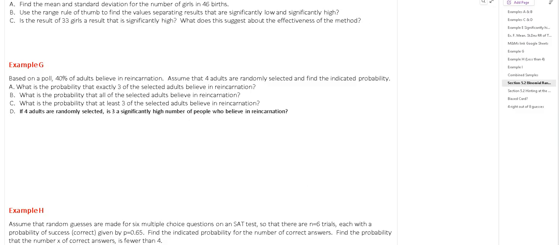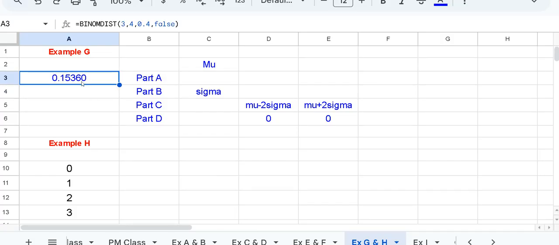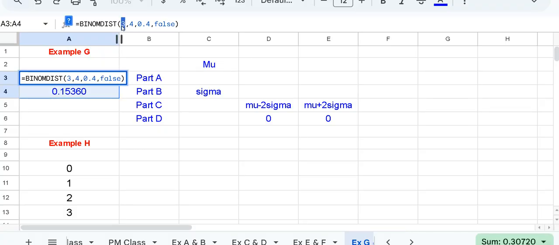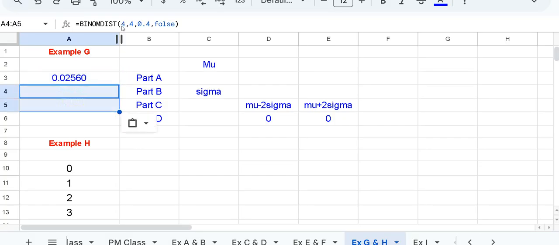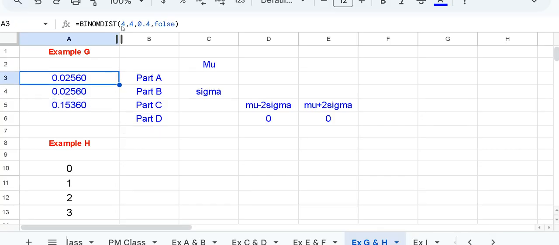Probably the easiest thing to do here would be to take this one, copy it down here, and then go back and change that 3 to a 4. Oops, I changed it in the wrong one. Let's copy this one back here. There we go. So about 0.0256. Getting that one? Yes.